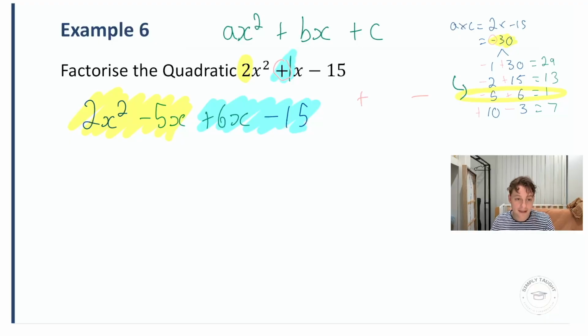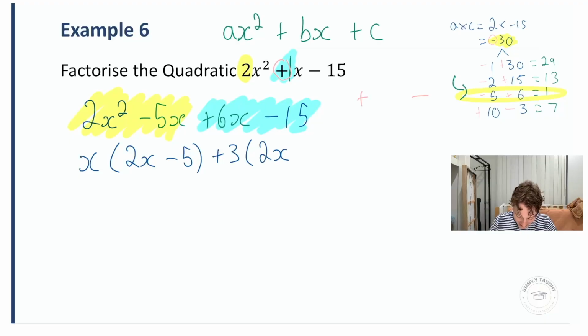If I look for common factors between 2x squared minus 5x, the only common factor I have is simply just the letter x, which means I'm left with 2x minus 5 inside my brackets. If I look for common factors in my second pair, well, they don't have the same letter, so I'm looking for my numbers. I've got the number 6 and the number 15. My common factor there is going to be positive 3, so I'm left with 2x minus 5 again.